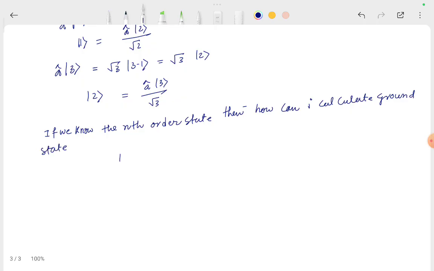It means we know the nth state, and from the nth state we are trying to calculate the ground state. This is known, and this we calculate. How can this be possible? This is a very important question.